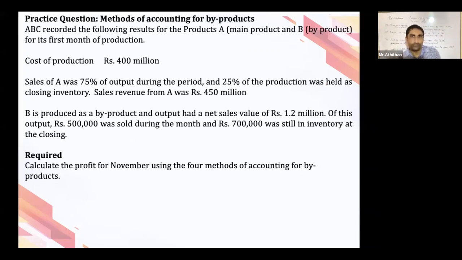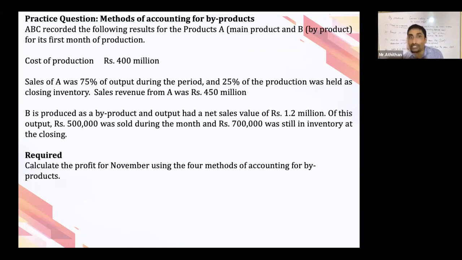Practice question. ABC recorded the following results for the product A, main product, and B, byproduct, for its first month of production. So in the first month of production, there is no opening inventory. Sale of A was 75,000 of output during the period. So of total output, 75% was sold, and 25% of the production was held as closing inventory.